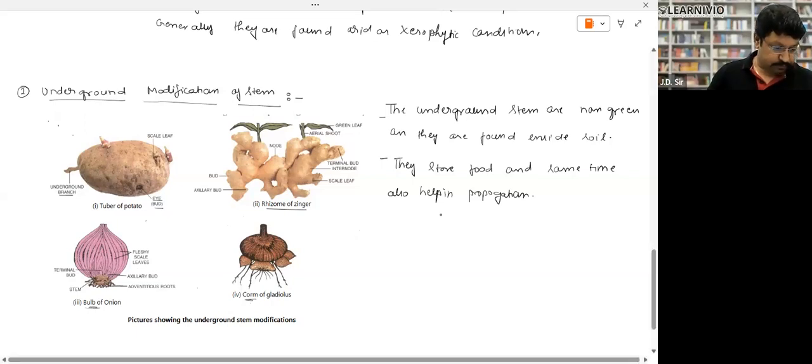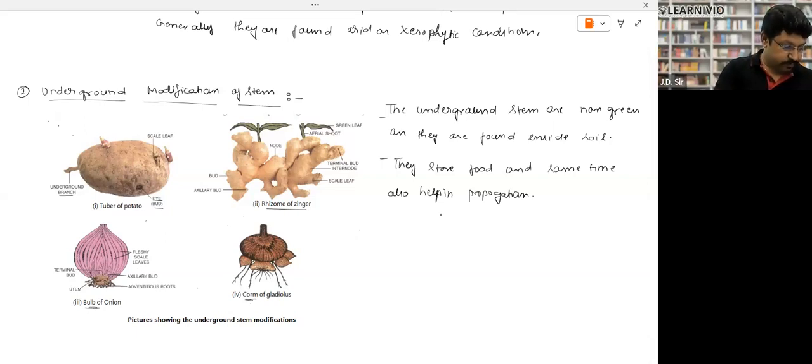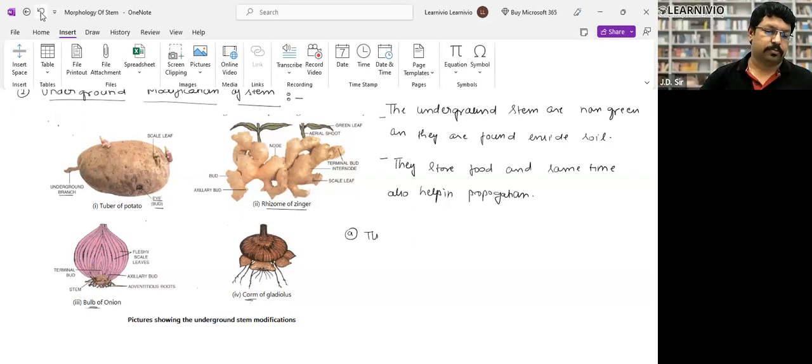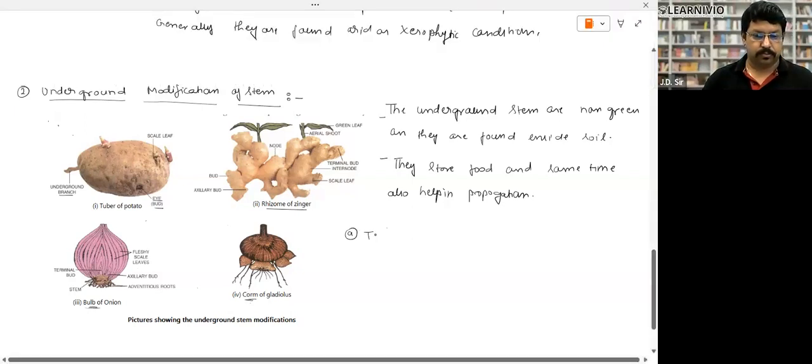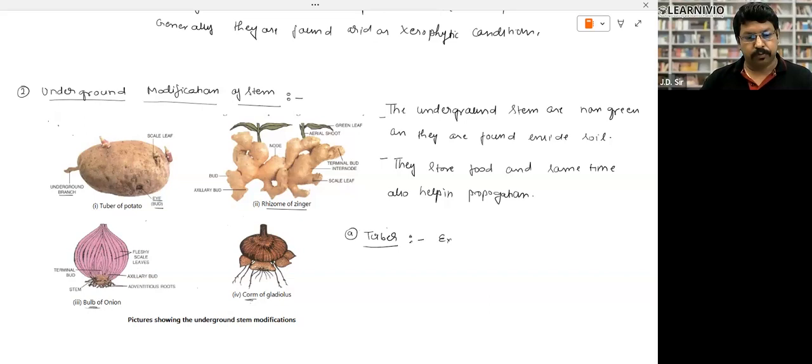So write it down first. Rhizome, tuber. The first one is tuber. Example, potato.